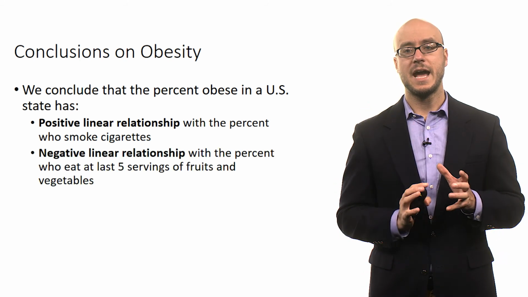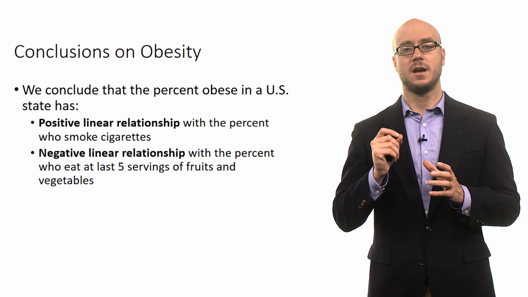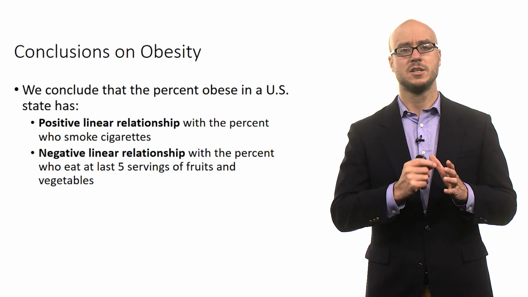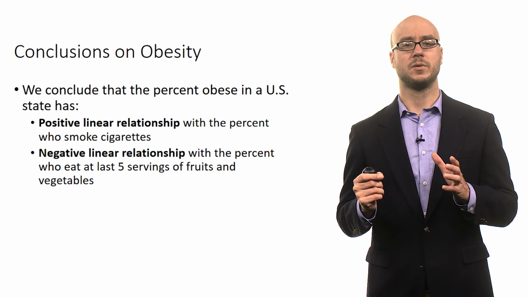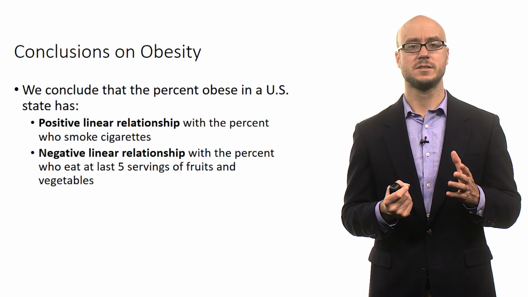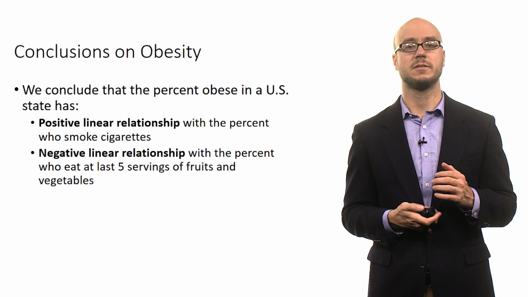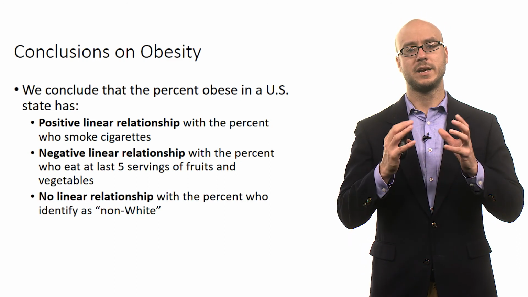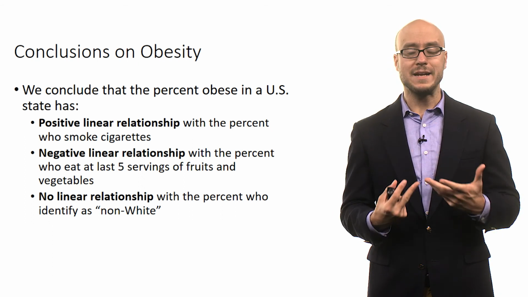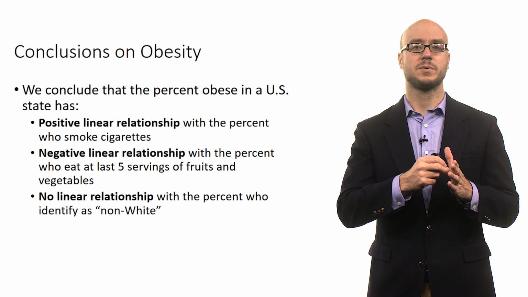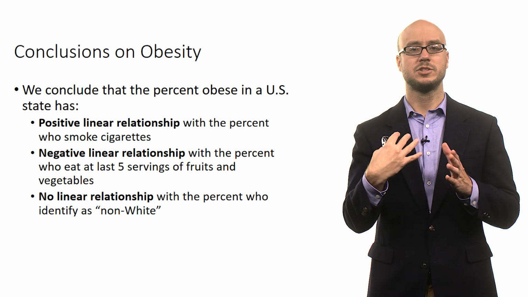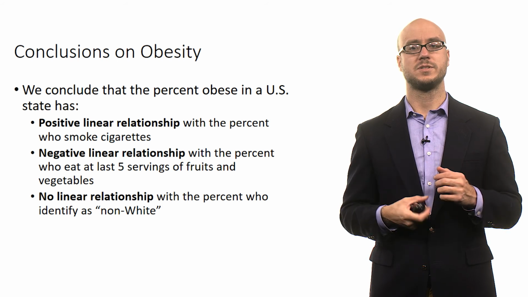We can say that there's a negative linear relationship between the percent obese and the percent who eat at least 5 servings of fruits and vegetables. So as the percentage of people who report eating at least 5 servings of fruits and vegetables increases, the percent obese decreases. And then finally, we can say that there's no linear relationship between the percent who identify as non-white and the percent obese. As the percent who identify as non-white increases, there's really no change overall for the percent who are obese.